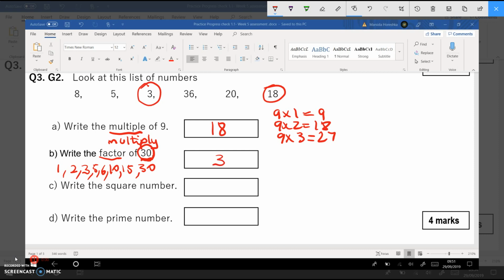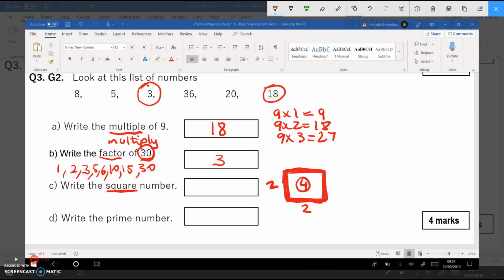Write the square number. So square numbers, as the name suggests, they make squares. So if I have 1, it's got to look a bit more like a square. So the sides are equal. So if this is 2 centimeters and this is 2 centimeters, the area of the square will be 4.